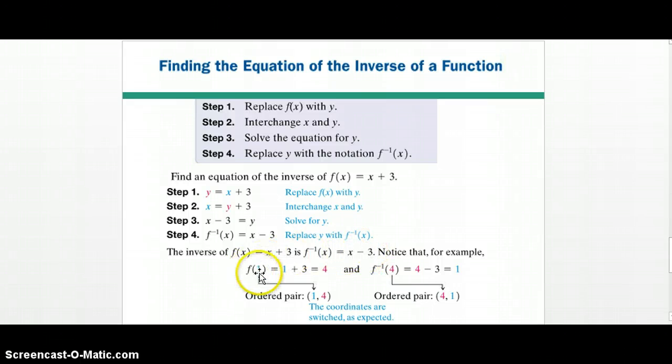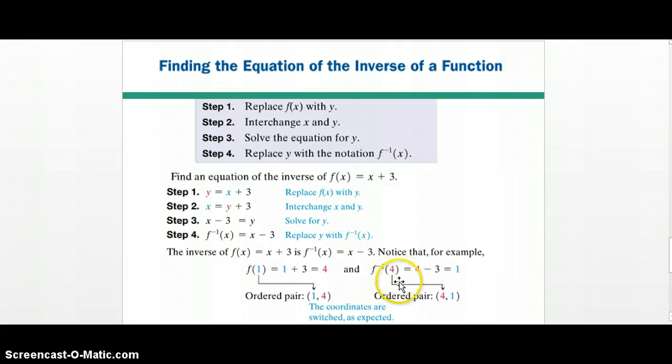Let us substitute 1 in the function. For x equal to 1 we get y equal to 4. So the ordered pair is (1, 4). Let us substitute this 4 in the inverse function.